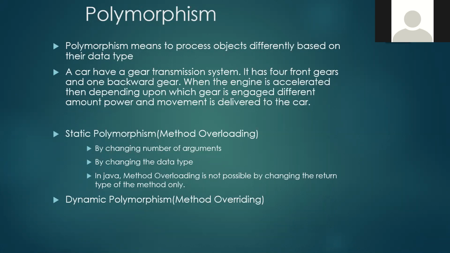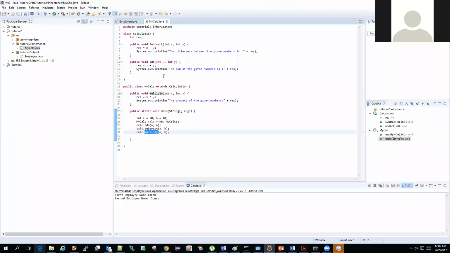During compile time, it has no way to know what the return type of that method would be. Only during runtime will it come to know that. So method overloading is not possible by changing the return type. What I mean by these three statements, I'll explain in Eclipse. So bear with me.